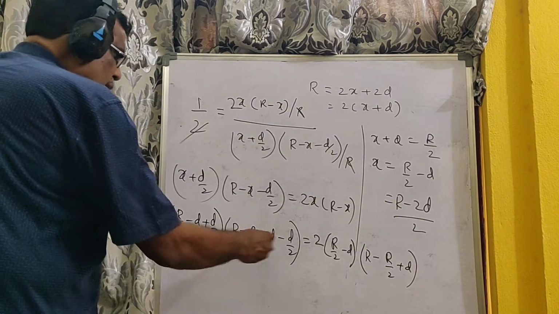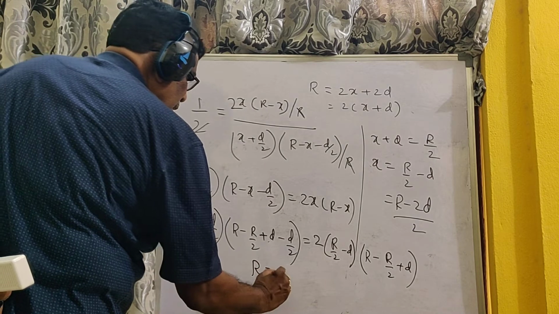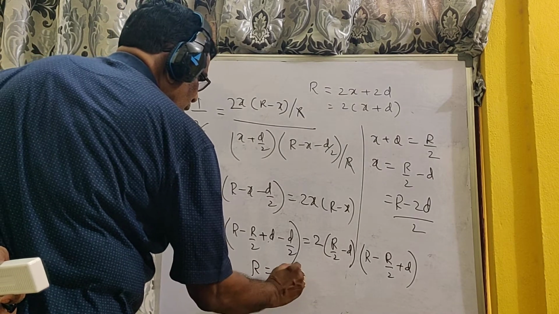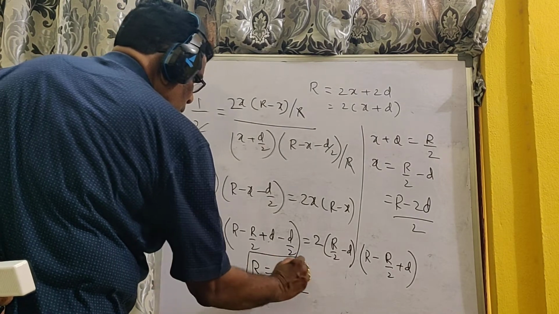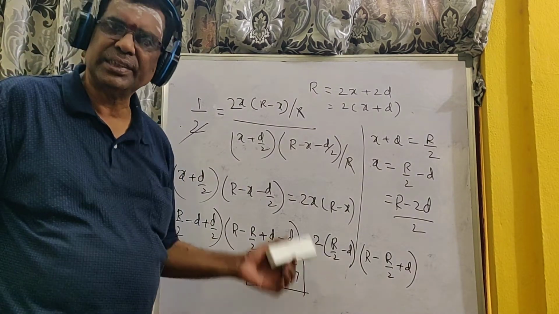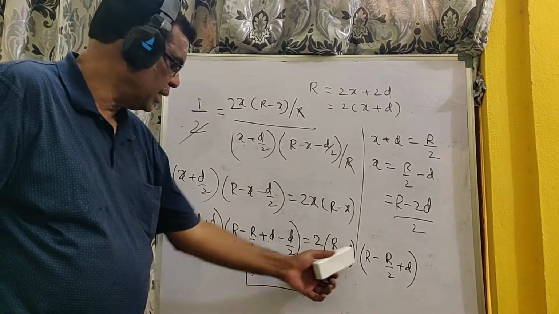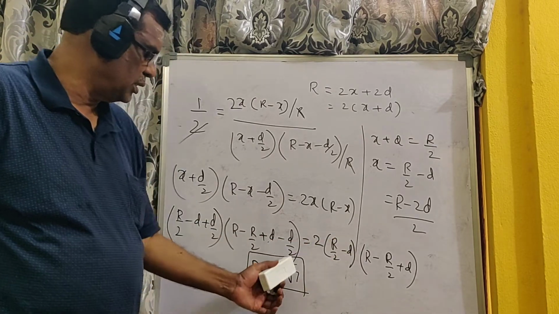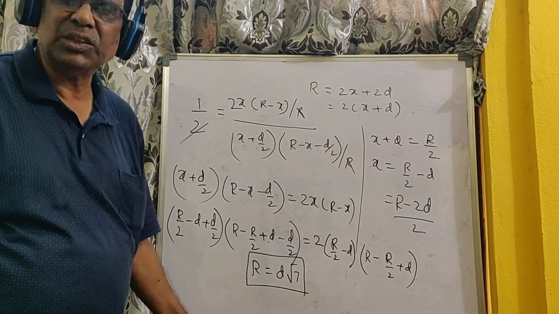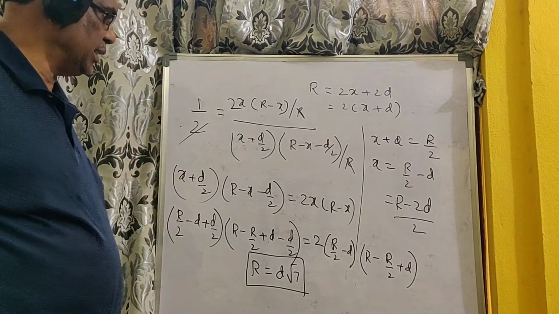Now you can rearrange the terms, and finally you get r is equal to d root 7. Let me not unnecessarily waste time to get this, because you simplify and get r square is equal to 7d square, or r is equal to d root 7. I hope this is clear to you, right?